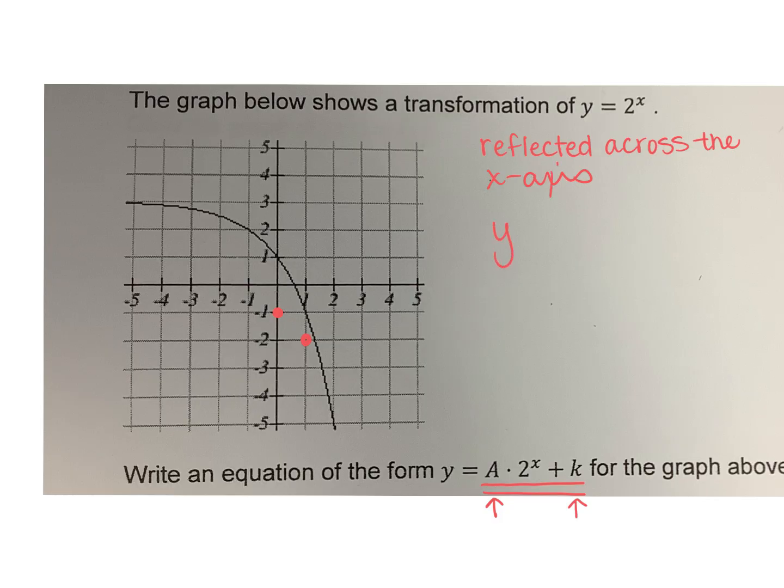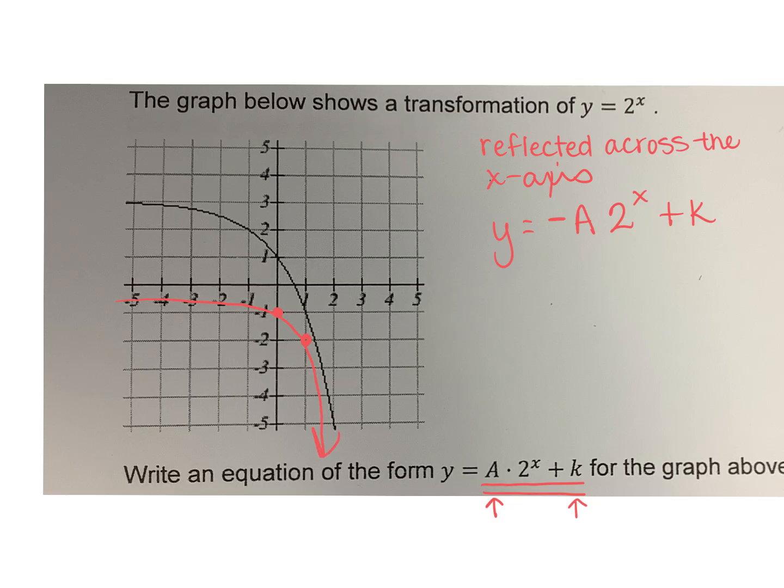So at that point, I have y is equal to negative a times 2 to the x plus k.